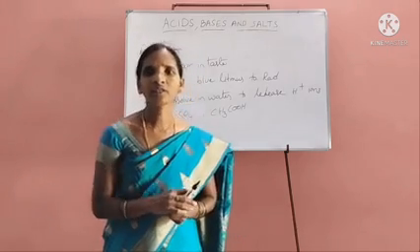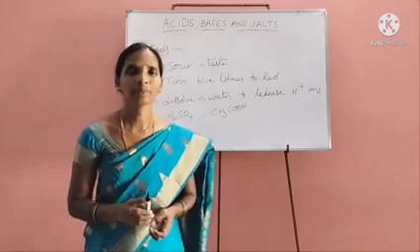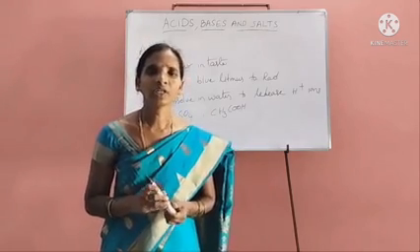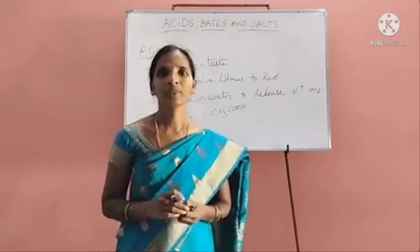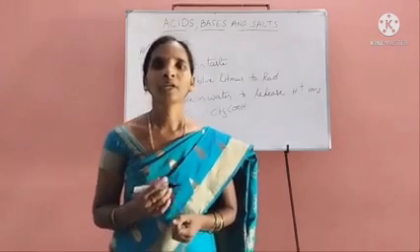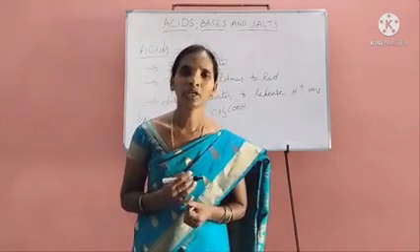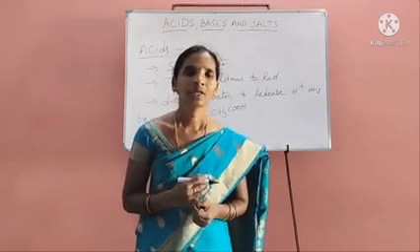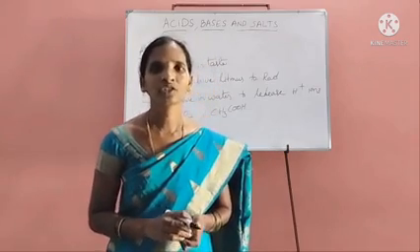Acids are divided into two types on the basis of their occurrence. What are those types? Natural acids. Those obtained from natural sources are called natural acids.